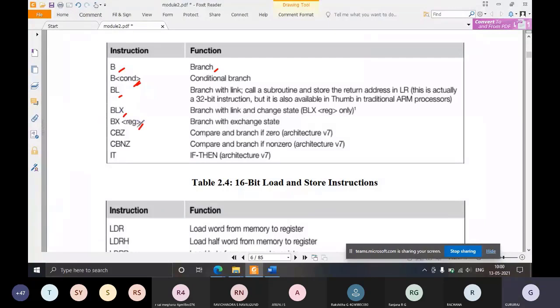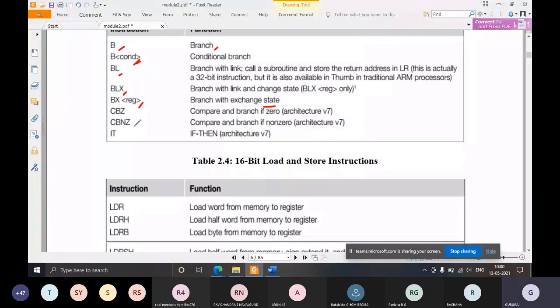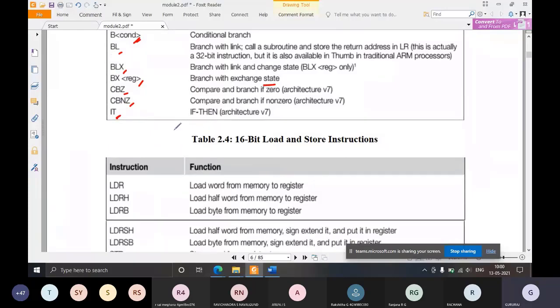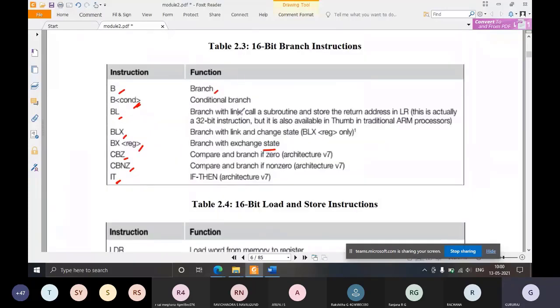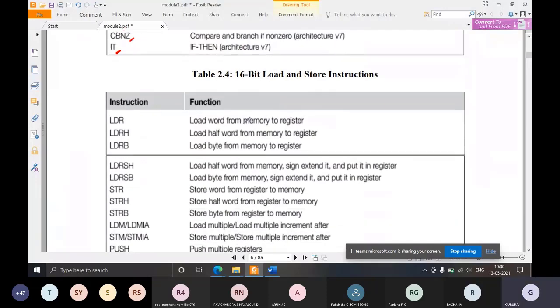BX means branch with exchange of state. CBZ, compare and branch if zero. CBNZ, compare and branch if not zero. IT means if-then instruction, which we shall see later. So these are all 16-bit versions. Next is 16-bit load and store, which we shall see.